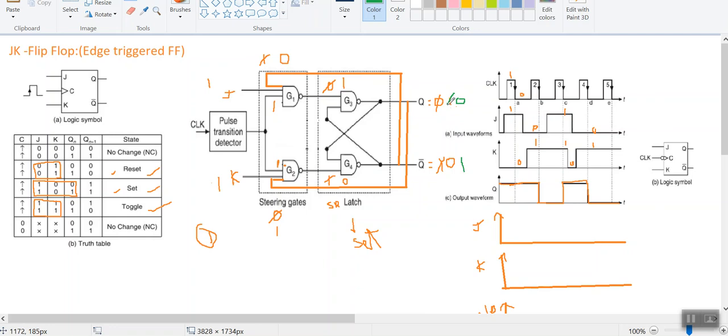So now this 0 is coming in this direction, therefore it will become 0, and this 1 is going in this direction, therefore it will become 1. Now my inputs are here 1, 1, 1, therefore my output will become 0 here, and here, when comparing with the inputs, my output will become 1.